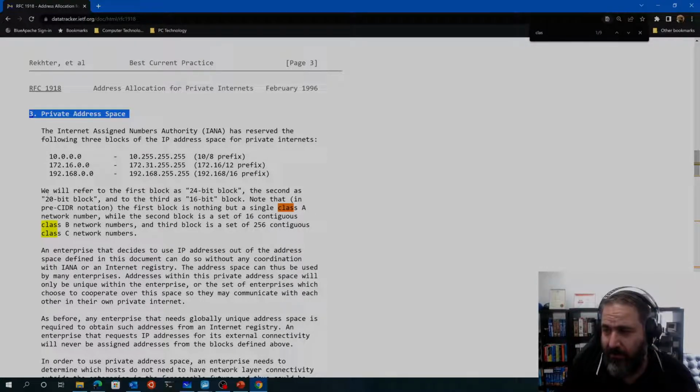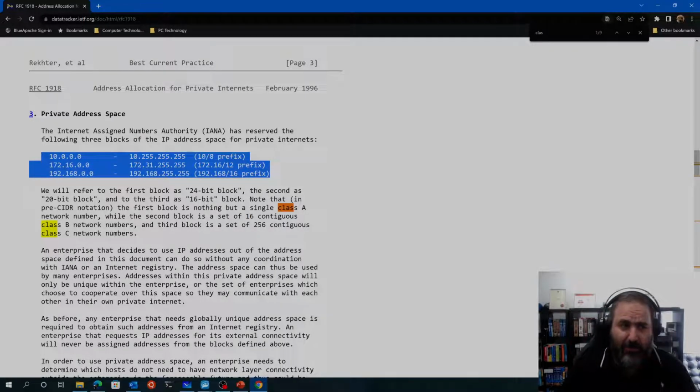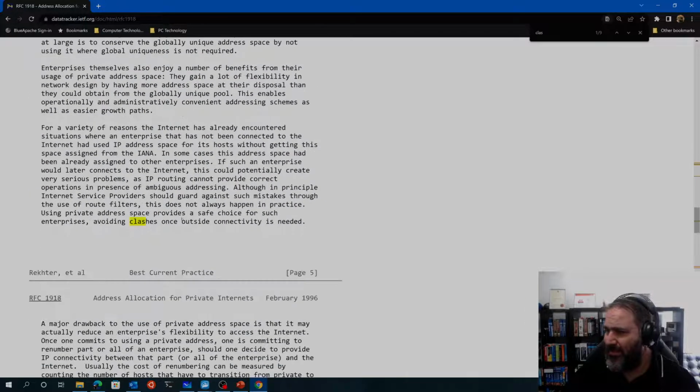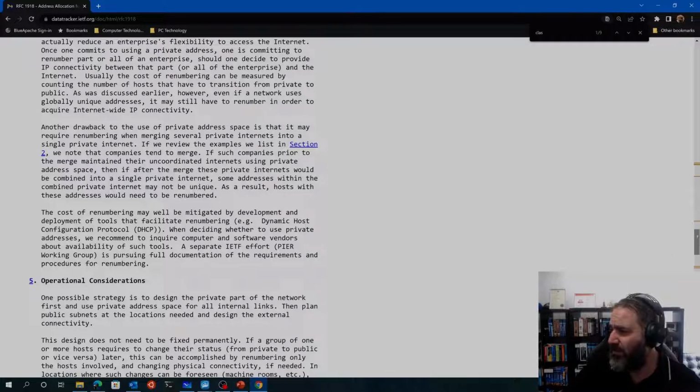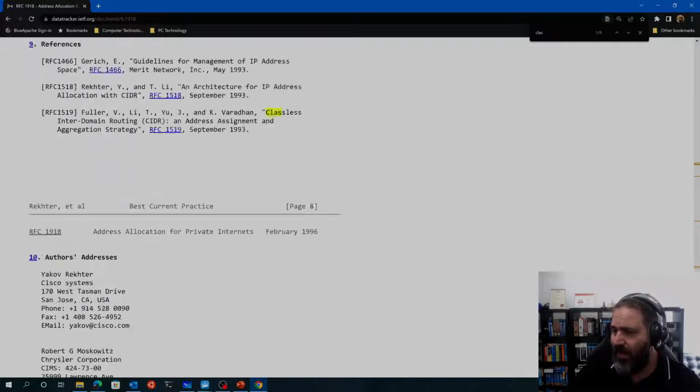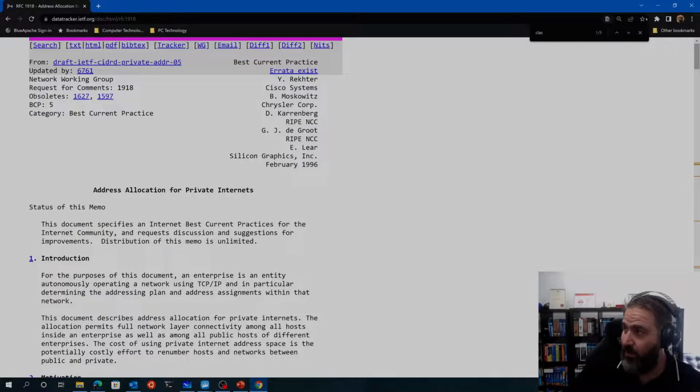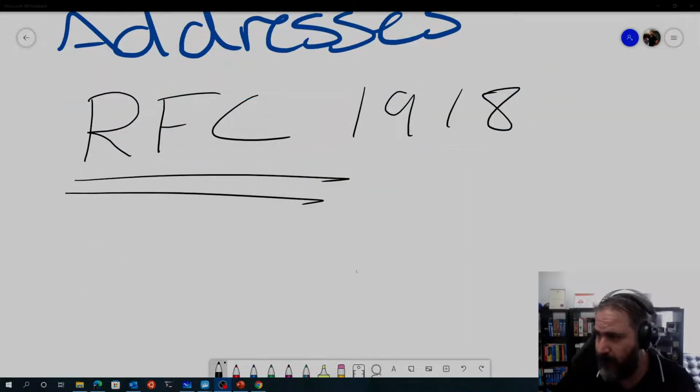It'll take you right here, and you can read a little bit more about it. But these are the addresses that we're looking for, the private address space. We're going to talk about that very, very shortly. So yeah, it's an interesting document, but it's not a very beautiful document. It can be hard to read. But I do know some people who love this kind of thing.